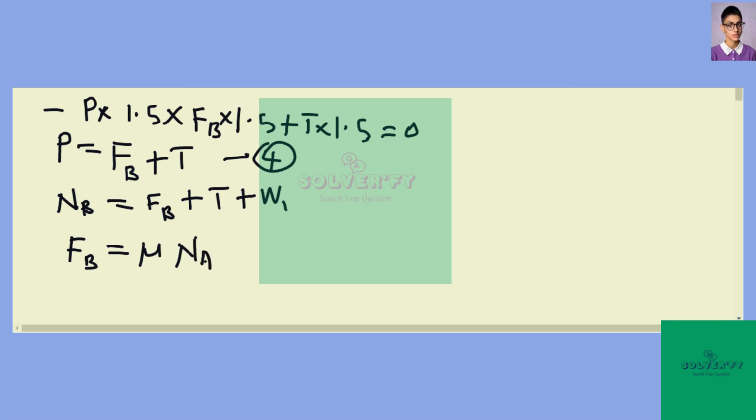So FB is equal to 0.2, which is given in the question, times NB. So NB equals 0.2 NB plus T plus W1.